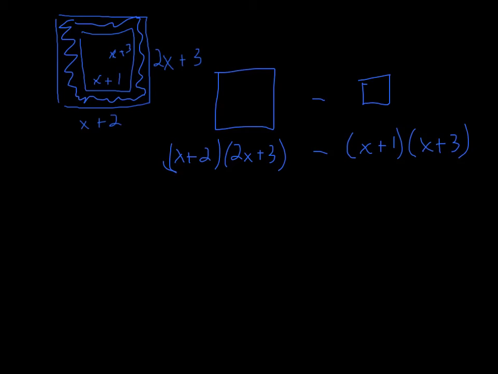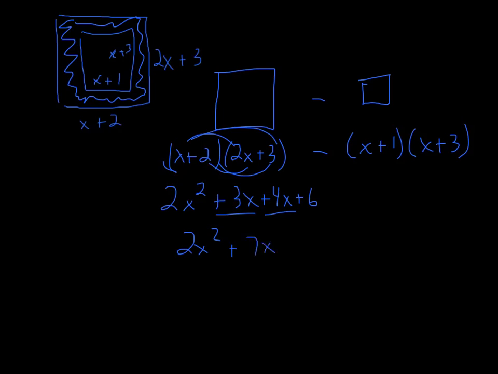So let's find the area of the first guy first. x times 2x is 2x squared, x times 3 is plus 3x, 2 times 2x is plus 4x, 2 times 3 is 6. I'm going to put these together: 2x squared plus 7x plus 6. And then we're going to finish it up.